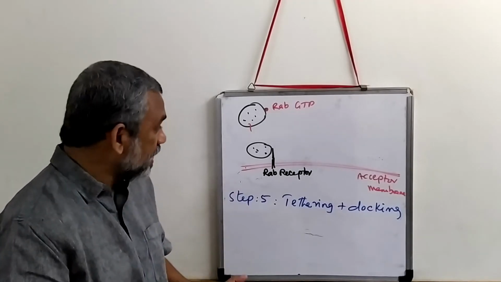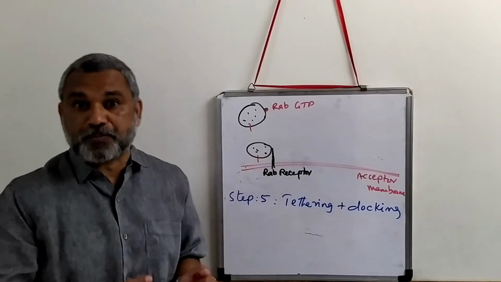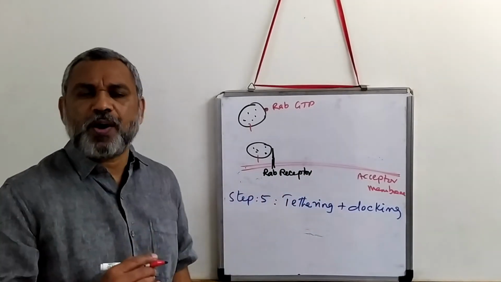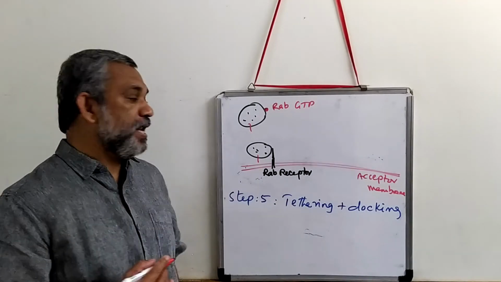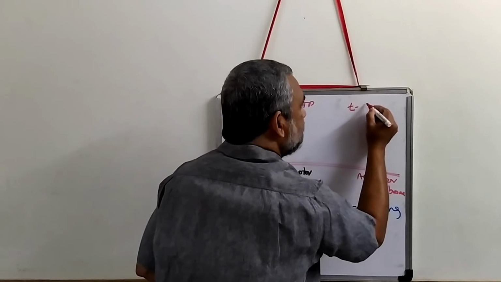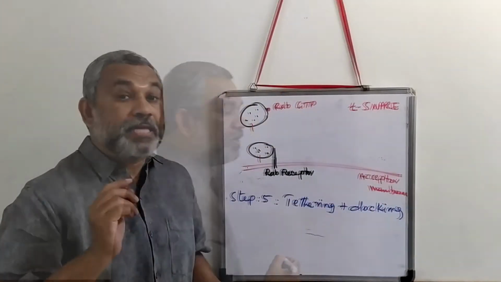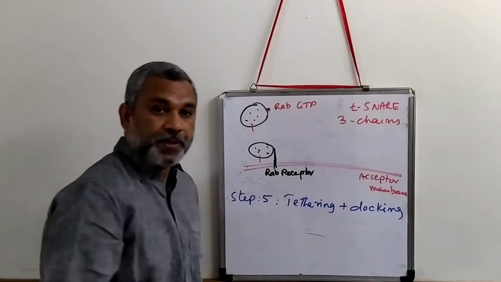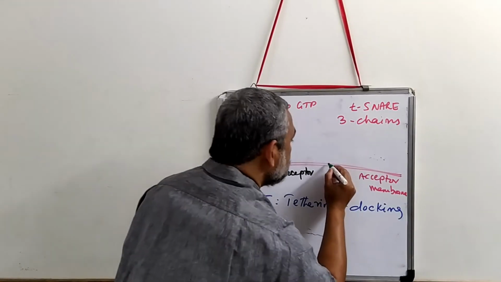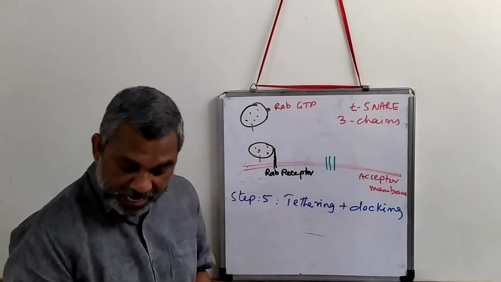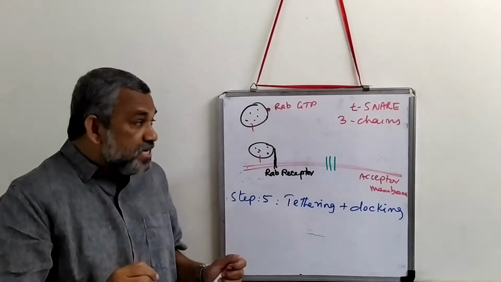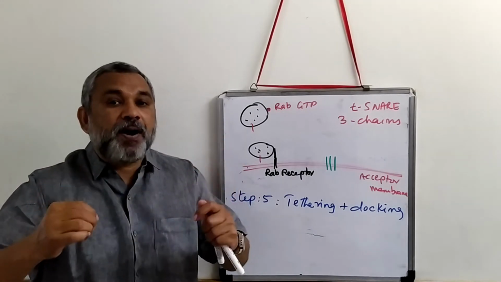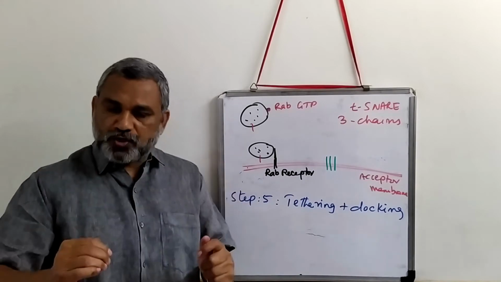Once the primary connection is established, remember the vesicle has the V SNARE protein. Now, this acceptor membrane also has an equivalent SNARE protein that is called the T SNARE. The T SNARE has 3 chains. So let us draw the T SNARE. Assume this is the T SNARE with the 3 chains. In order to merge, the vesicle must be brought about 1.5 nanometer close by.